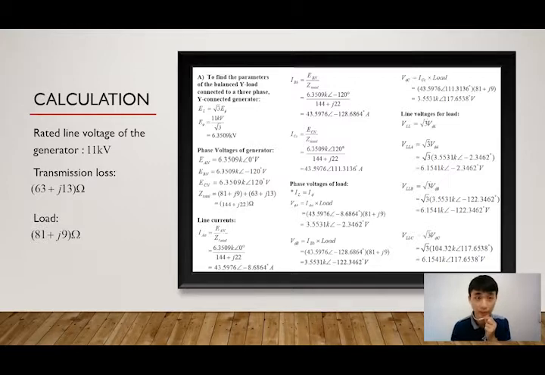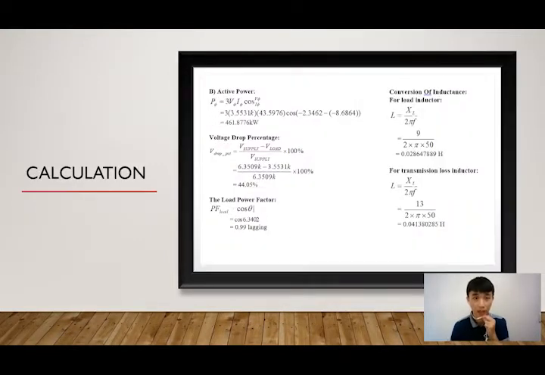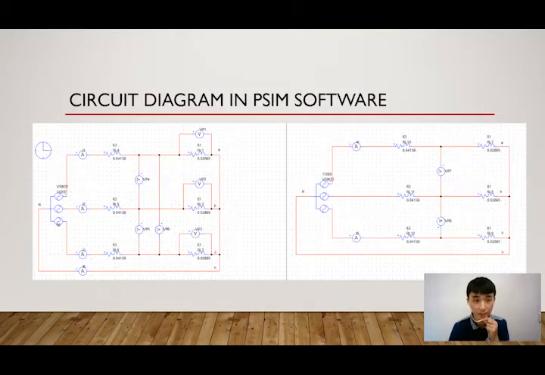So I will find the value of the phase voltage of the generator, the value of the line current, the value of the phase voltage of the load, and the value of the line voltage for the load. In part B, I will find the active power, voltage drop percentage, the load power factor, and the conversion of inductance. And here is my circuit diagram in my PSIM software.